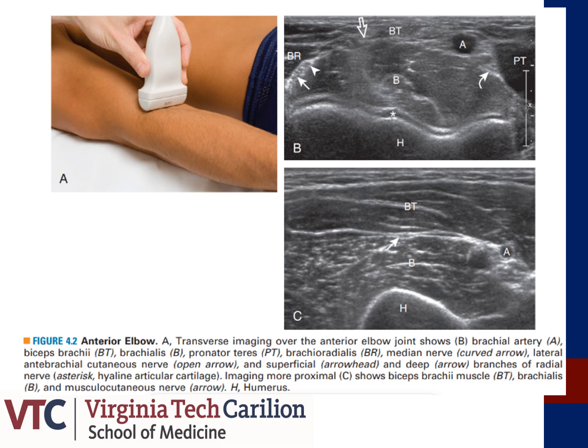As they have labeled, you have your pronator teres, your brachioradialis, your biceps tendon, your brachialis, your brachial artery, your median nerve just next to your pronator teres, your LABC right next to your biceps tendon, and your radial nerve beneath your brachioradialis. Looking at it from a longitudinal axis, it allowed us to see our musculocutaneous nerve as it traverses between your biceps and your brachialis.